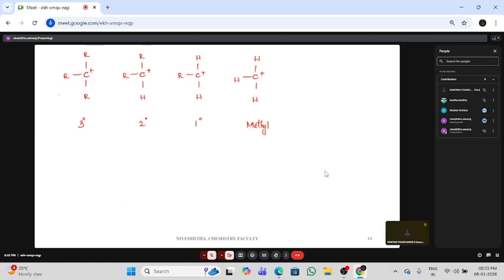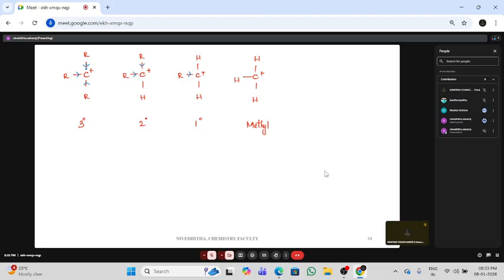So here all these R groups will push the bonded pair of electrons towards the positively charged carbon. Because of this, the positively charged carbon will have moral support, right, Kana? Because all 3 R groups are pushing electrons towards the electron deficient carbon, which makes this positively charged carbon relatively stable. As far as a secondary carbocation is concerned, we have only 2 R groups for moral support. Here we have only 1 R group. Here, in methyl carbocation, not even 1 R group is there.